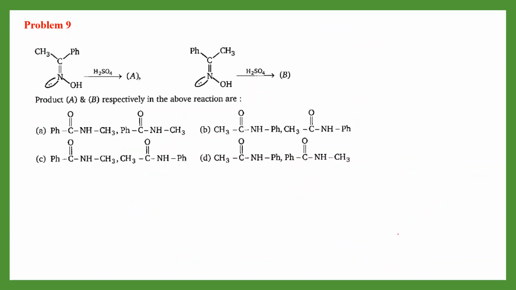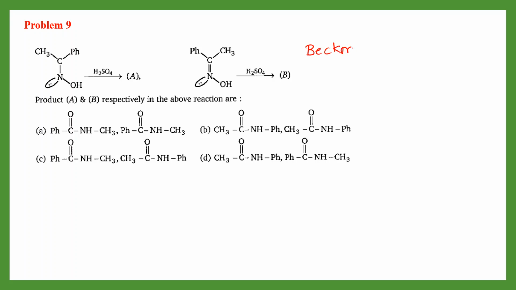So this is your problem number 9. By looking at the starting material, which is an oxime in acidic condition, what are the possible products? Fast, students. What name reaction is involved in this reaction? Beckmann rearrangement. Very good. If you know the name of the reaction, I hope you know the mechanism also.